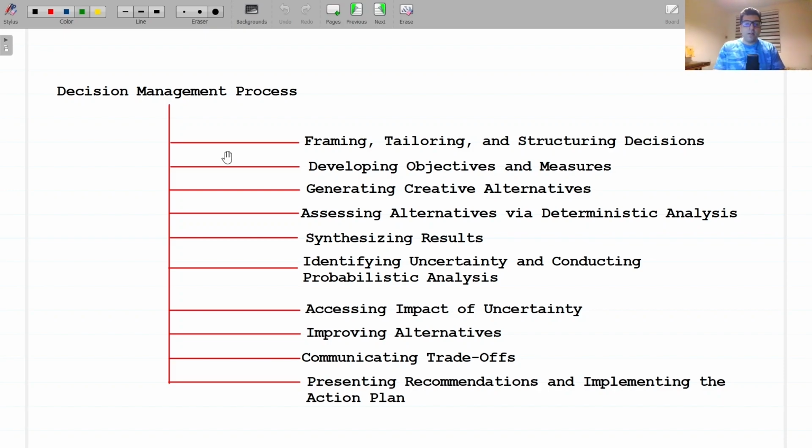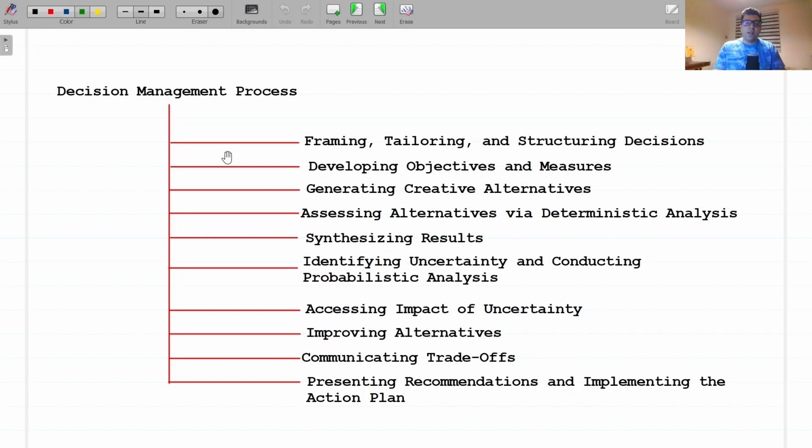For each fundamental objective, a measure must be established so that alternatives that more fully satisfy the objective receive a better score on the measure than those alternatives that satisfy the objective to a lesser degree.